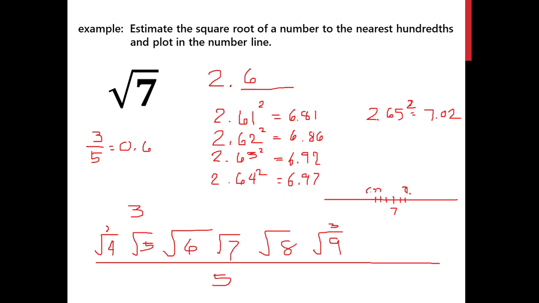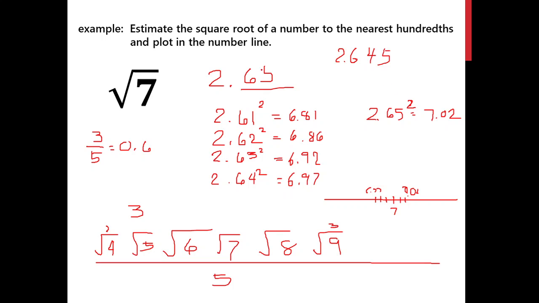Let's try to use the calculator and go ahead and check the square root of 7. The square root of 7, using the calculator, is 2.645. Now rounding this off to the nearest hundredths place, this becomes 2.65.